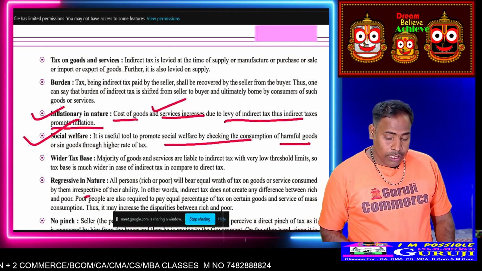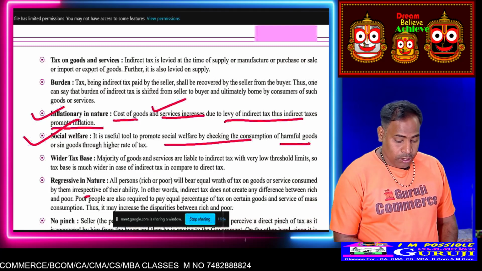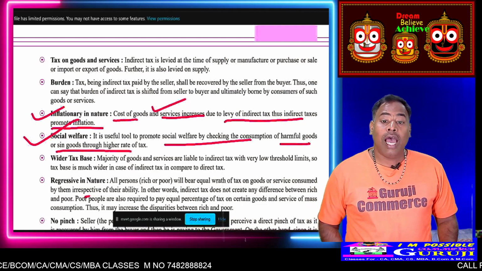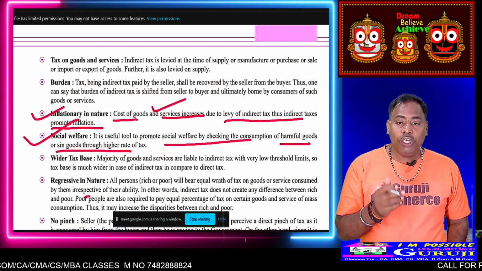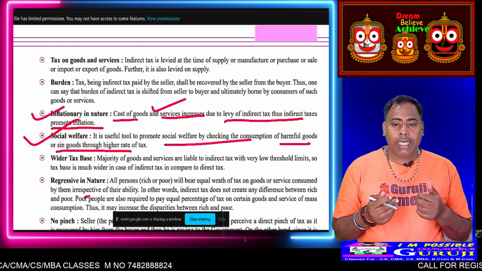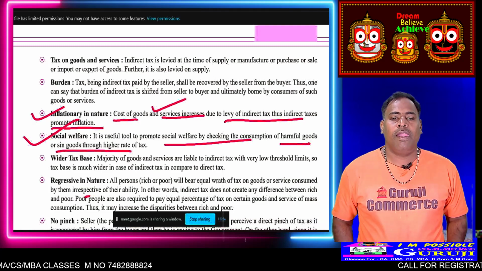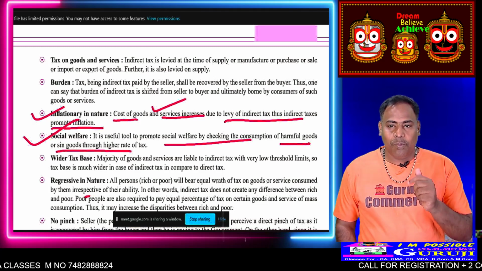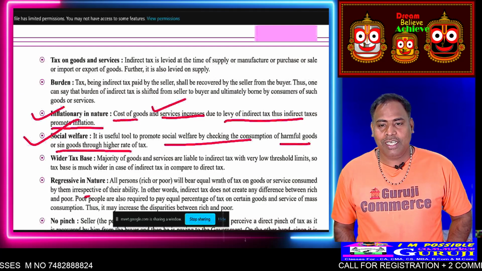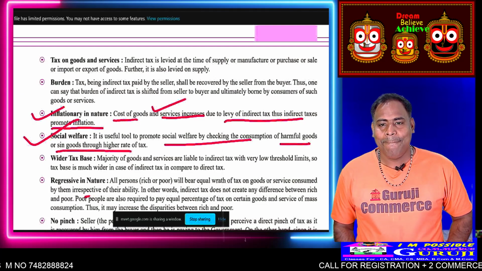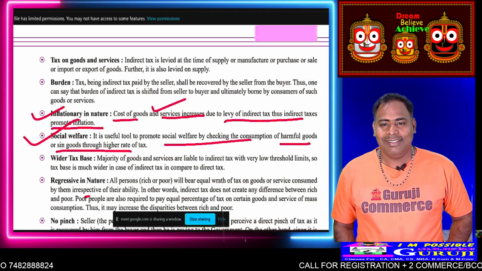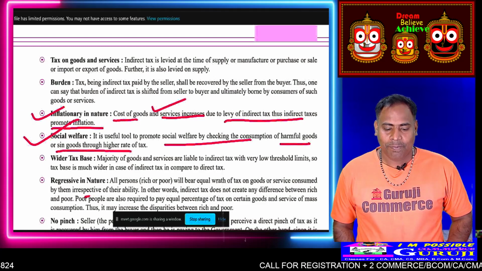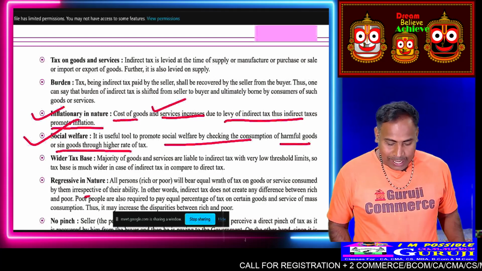Some of the goods are charged a higher rate of taxation, like tobacco, where GST is much higher, so that people consume less. Is there GST on cigarettes?